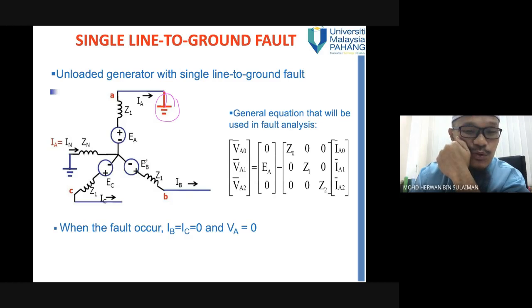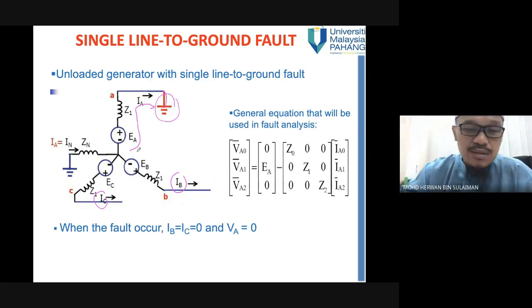When it is open there is no current flow, but when it is shorted to ground, all the current goes to ground. So even though you have IA, IB, and IC, there is no current flow for IB as well as IC, because the current has found the shortest path to ground.